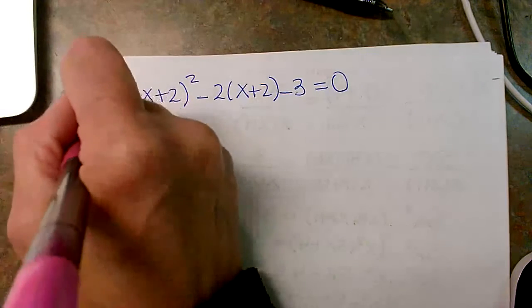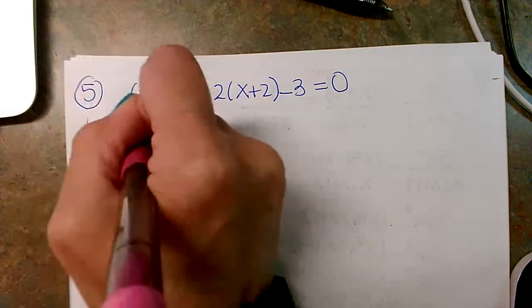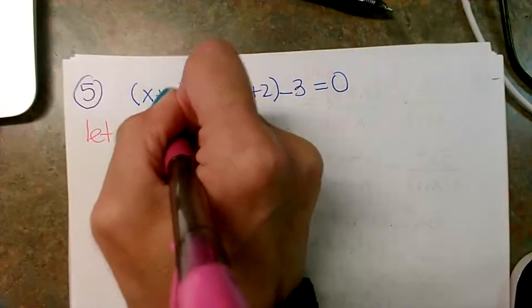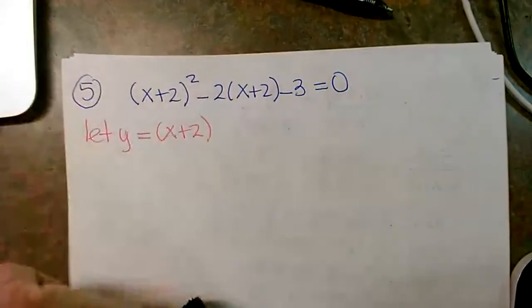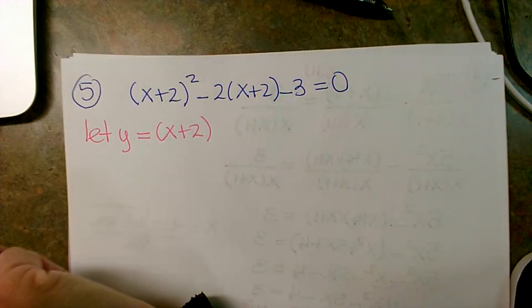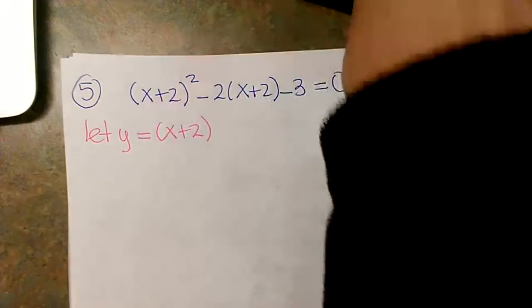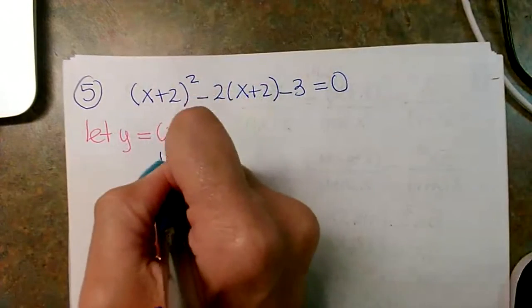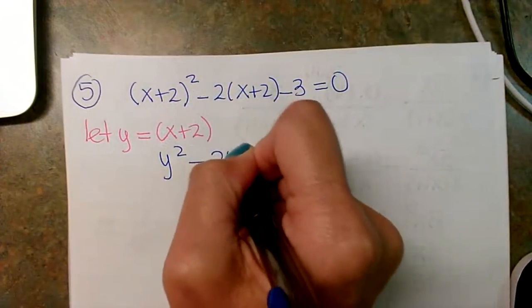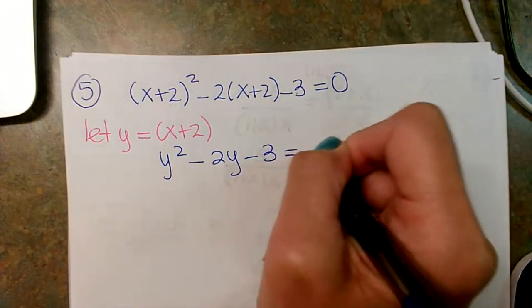So we're going to let y be equal to x plus 2. So if y is equal to x plus 2, this is going to be y squared minus 2y minus 3.